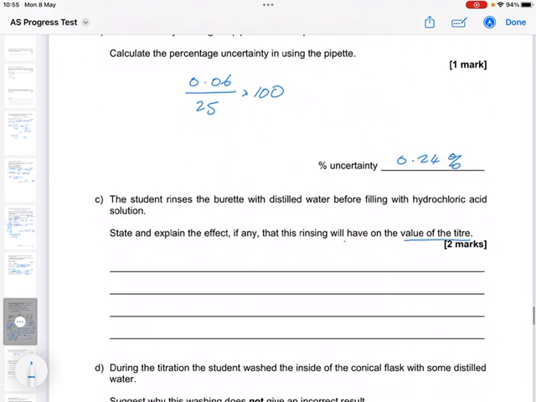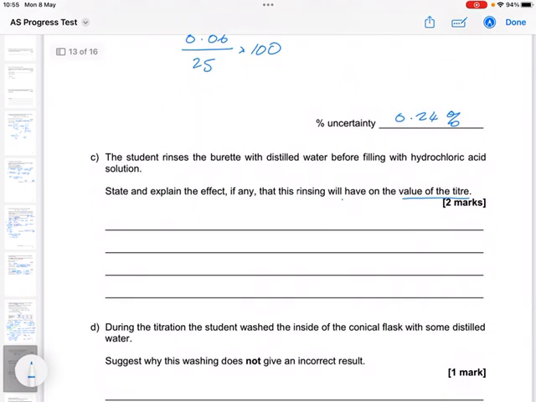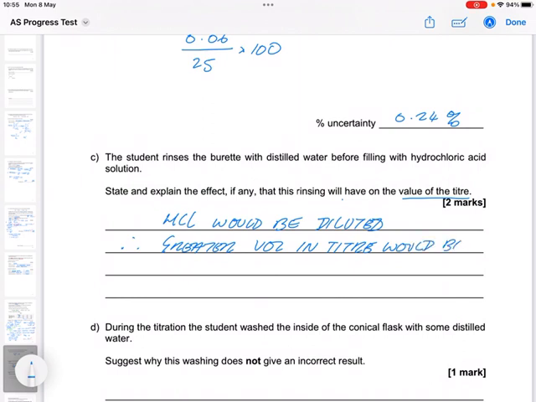So state and explain the effect. So the HCl would be diluted, therefore greater volume in the titer would be required.